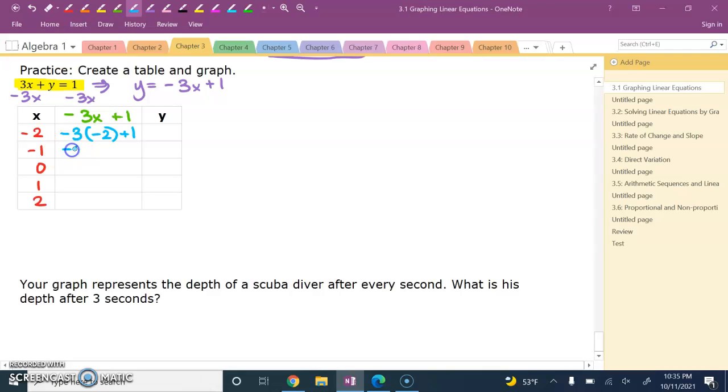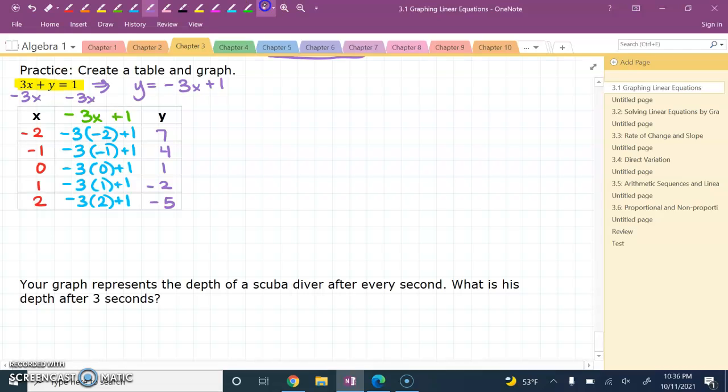So I'm just going to fill out this chart. Okay, and so the numbers I've got were 7, 4, 1, negative 2, and negative 5. And remember, these are coordinates, so all those x values match up with those y values.